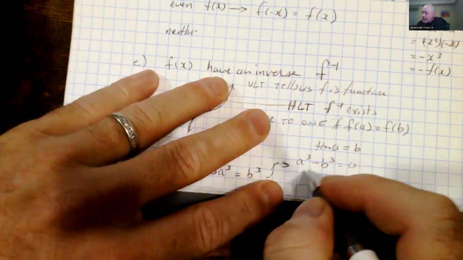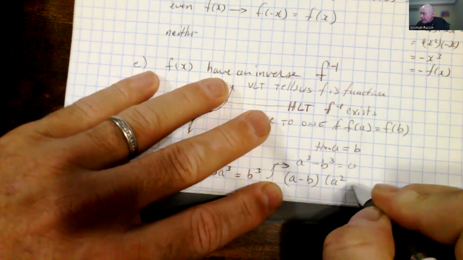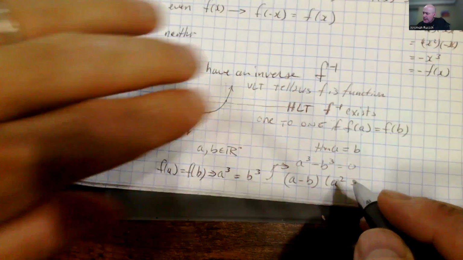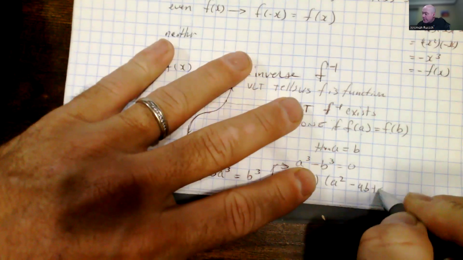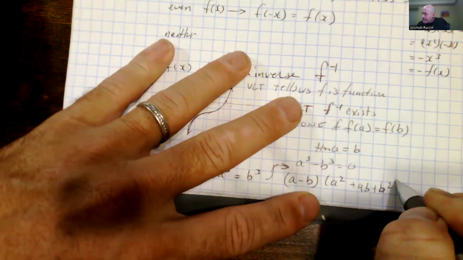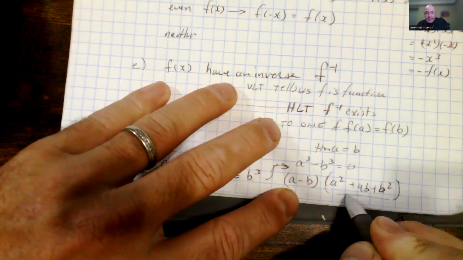And then factoring this, we get a minus b times a squared plus ab plus b squared. That should be b squared, sorry, and that should be a plus there. Okay. So this factors. This does not factor.